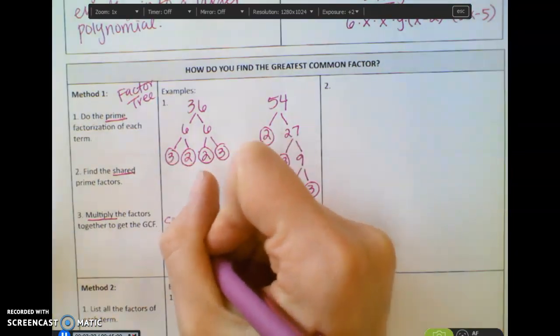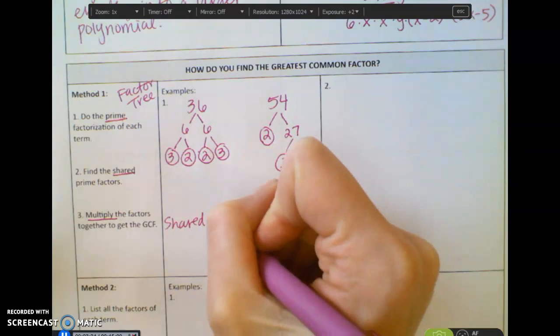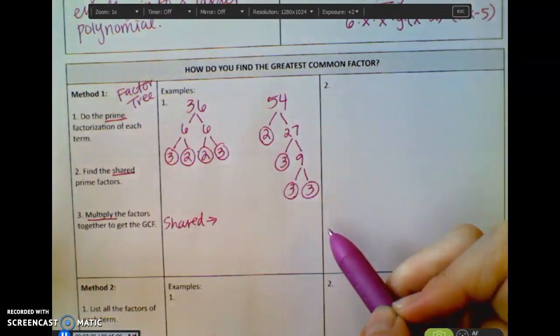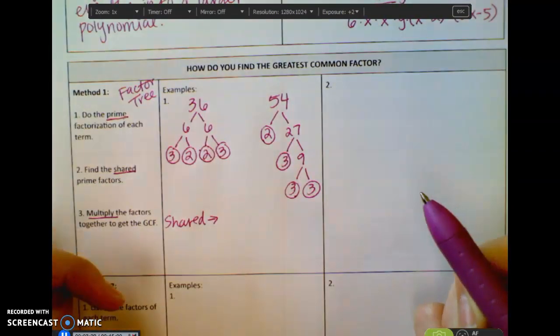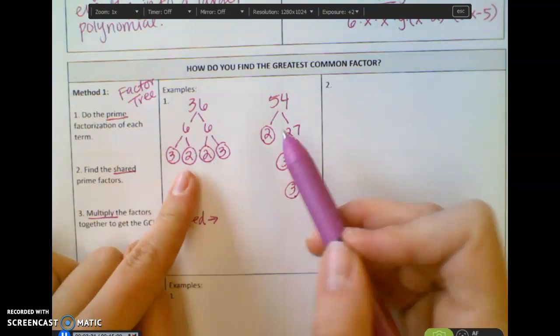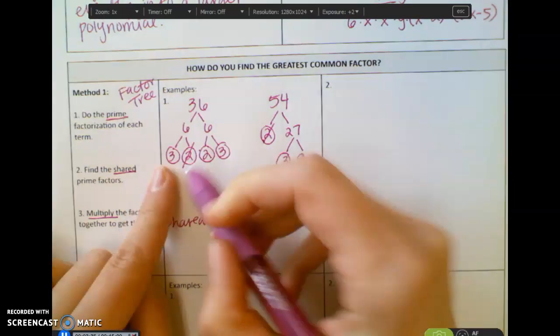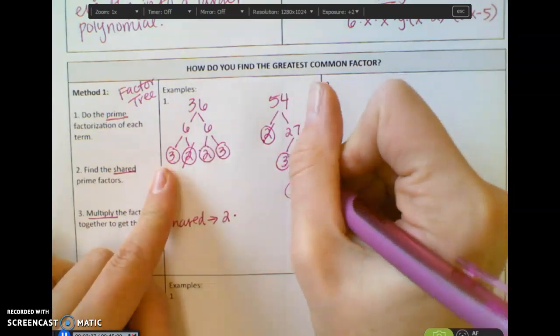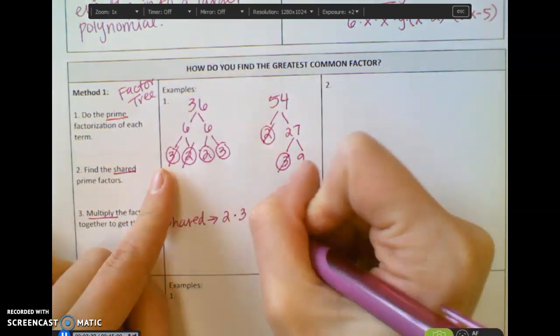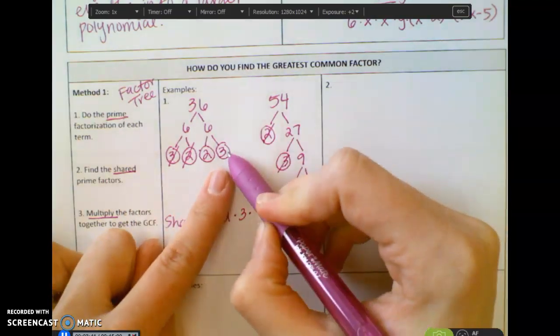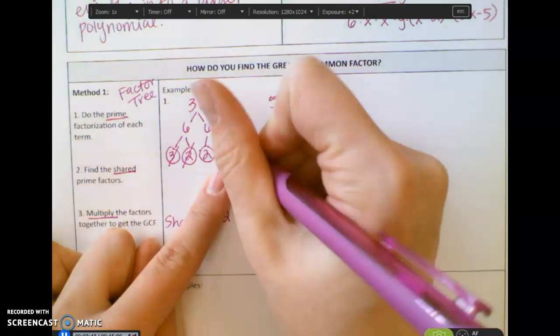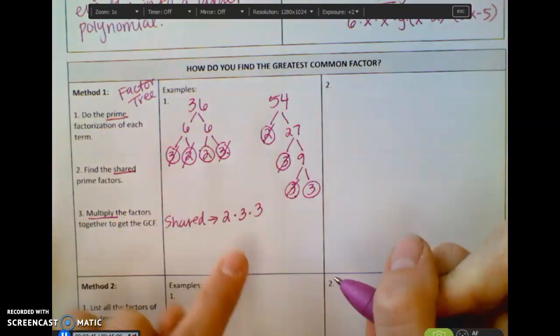What we need to find is what do they share? What are the shared factors of 36 and 54? Well, I see a 2 here and a 2 here, so they share a 2. I see a 3 here and a 3 here, so they share a 3. And I see another 3 and another 3, so they actually share a second 3.